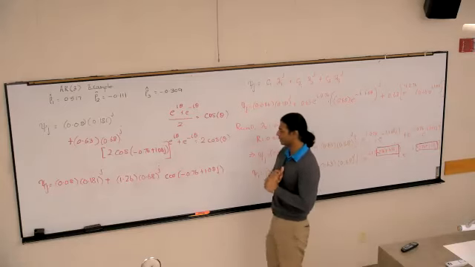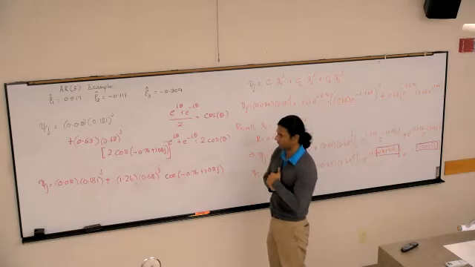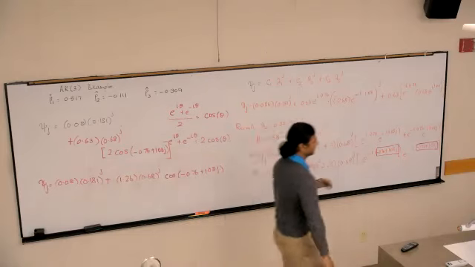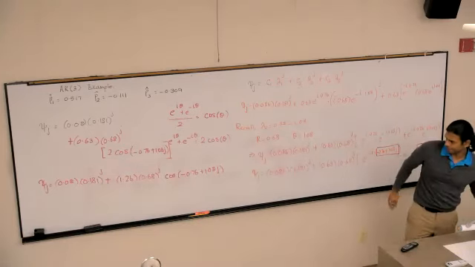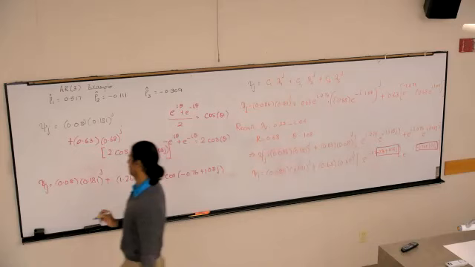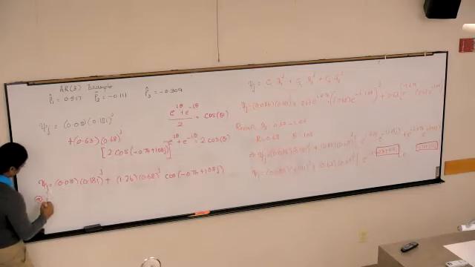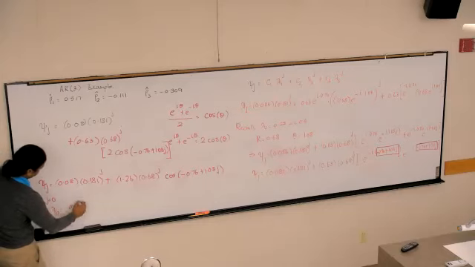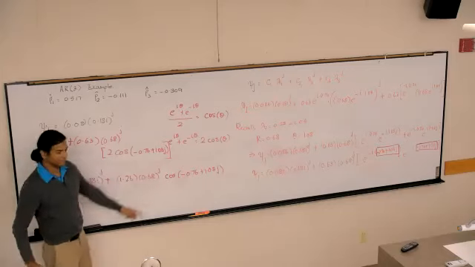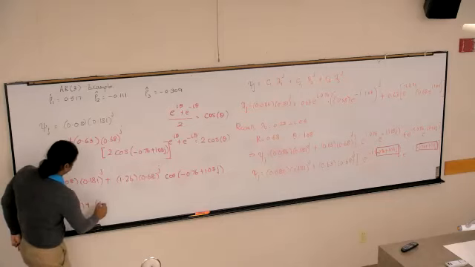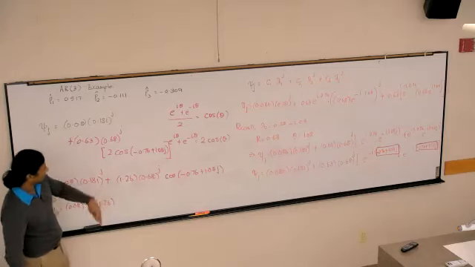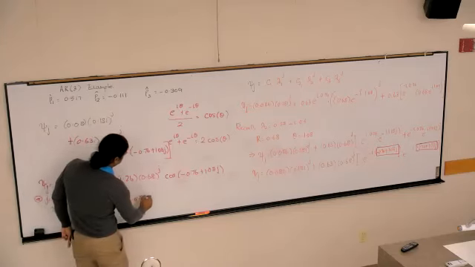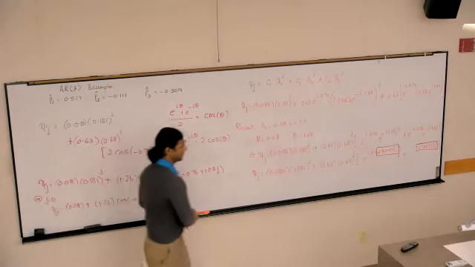So if I plug in J equals 0, I will end up having 0.08, and J is 0 there, 1.26 times cosine of negative 0.76 plus 0. And what do we get?